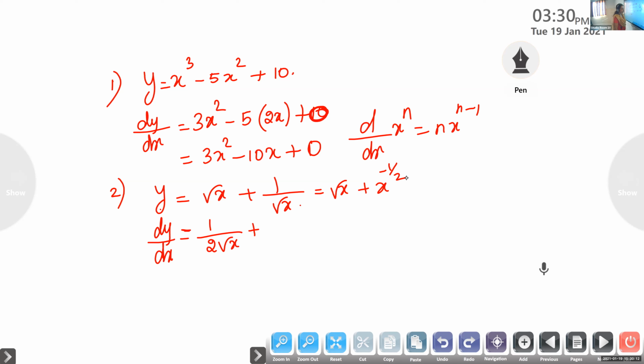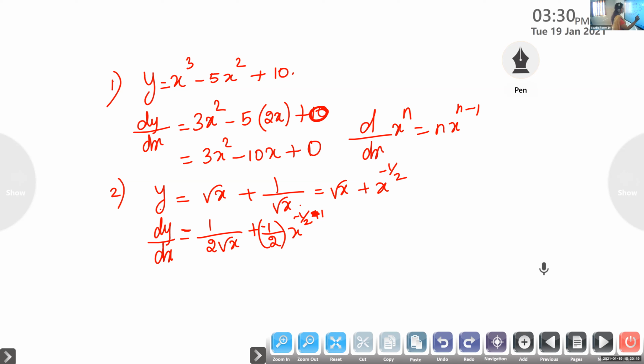So 1 by 2 root x plus x raised to minus half. When you differentiate this, what will you get? The derivative of x raised to n is n into x raised to n minus 1. So put the power in front and reduce the power by 1. For 1 by root x, the power is minus half, so minus half into x raised to minus half minus 1.